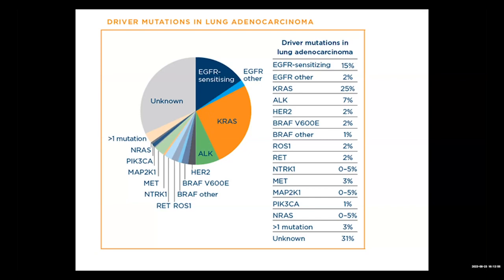So we tend to go by the commonest. As you have seen, EGFR is common, ALK is common, KRAS is common. The other biomarkers are also common. As you can see, the list is over here. EGFR other is 2%, KRAS is 25%.